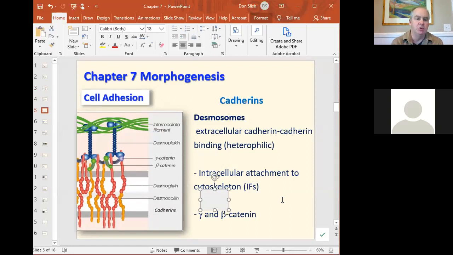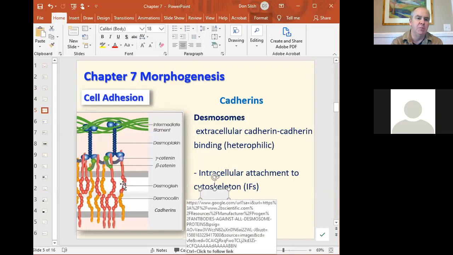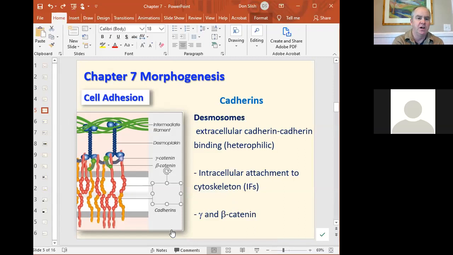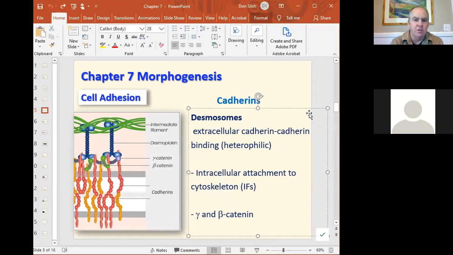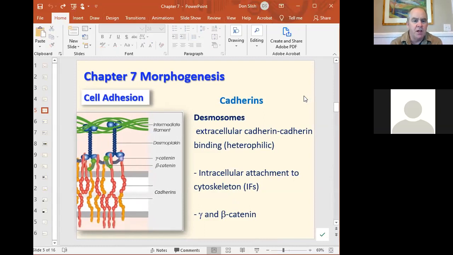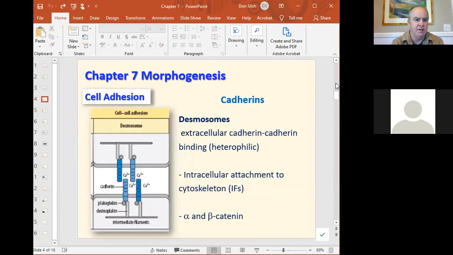Don't worry about those names. We're just going to call them cadherins. But you can see it's heterophilic because you've got a red one attaching to a yellow one. So it's not homophilic like the other ones. And here we've got gamma catenin instead of alpha catenin. Although in the last slide I said there was alpha catenin. I think this is probably gamma as well.